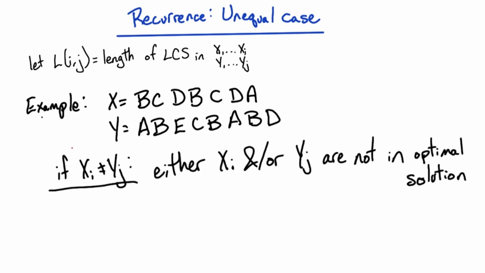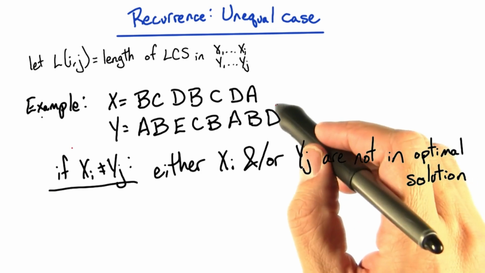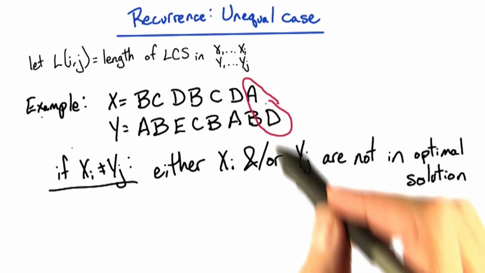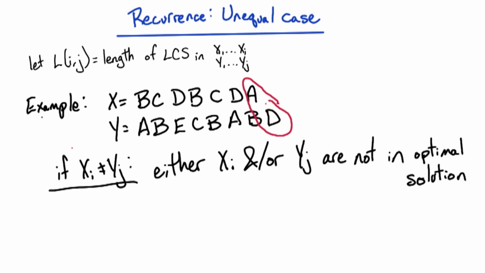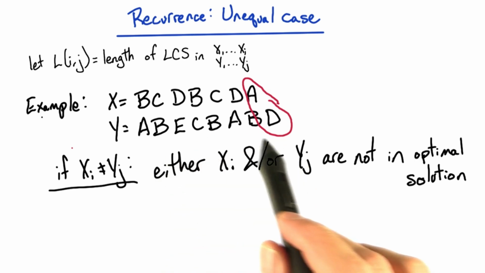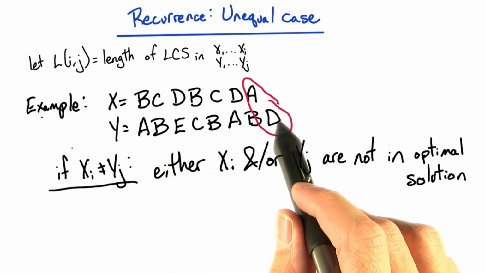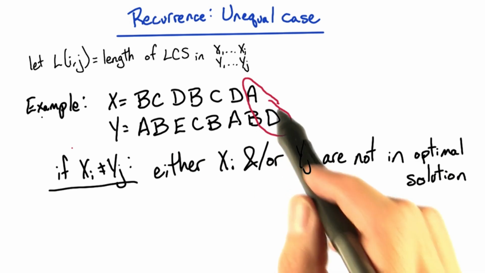Our key insight is that in this case, where the last characters are unequal, the longest common subsequence either ends in a, the last character of x, or in the last character of y, which in this case is d, or it ends in neither. Now, if it ends in a, that means it does not end in d. It does not include d in the final solution. There might be other occurrences of d, but we're differentiating the multiple occurrences of this character.